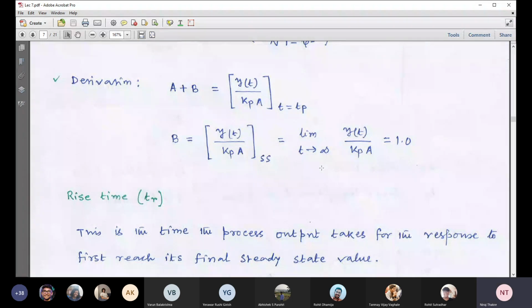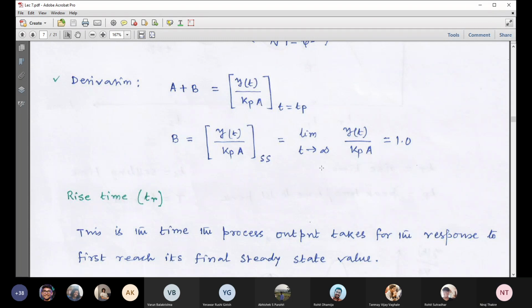How we can determine this rise time? Any clue, any answer from anyone? Based on this definition, sir, putting y by kp equal to 1, we can find. What's your roll number? Yes, correct.